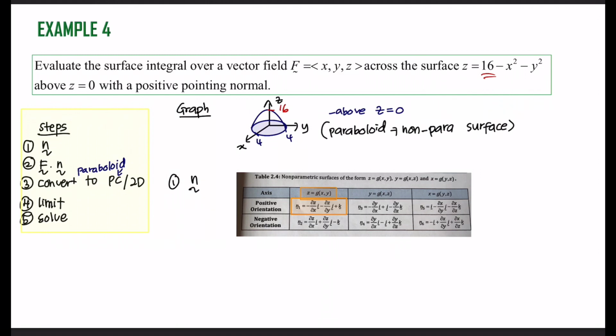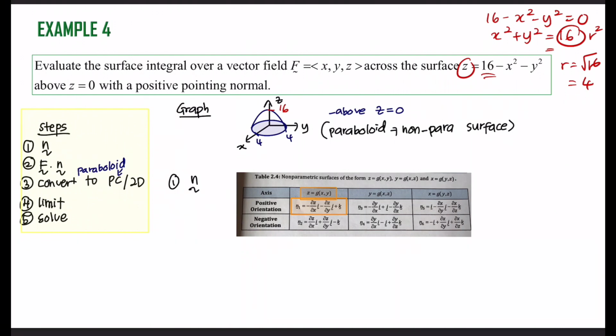When z equals 0, 16 minus x squared minus y squared equals 0, so we have x squared plus y squared equals 16. This is the equation for a circle, where r squared equals 16, so r equals square root of 16, which is 4. So the radius is 4.